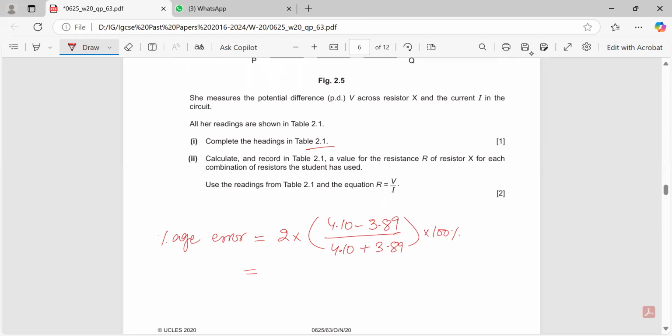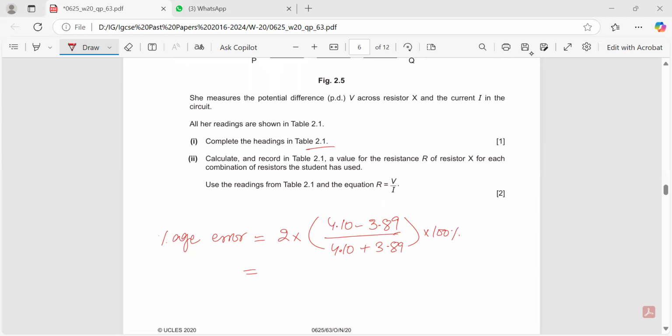So when I am calculating these values, first of all I want to do 4.10 plus 3.89, it is 7.99. Now 4.10 minus 3.89 equals 0.21, divided by 7.99, times 100 equals 2.62, times 2.